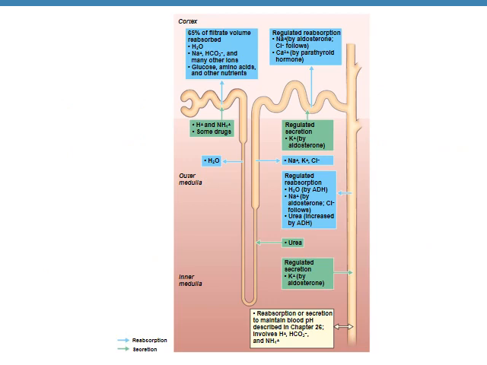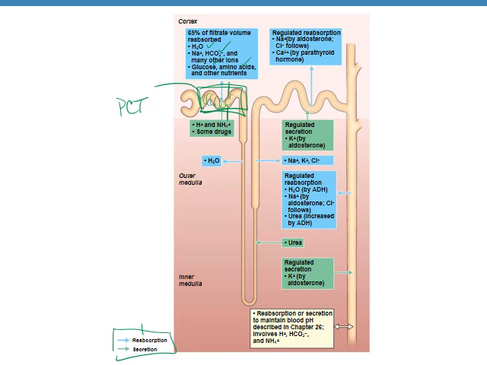This is a nice image because it shows you that both reabsorption and secretion are happening in the same section of tube. So this is the proximal convoluted tubule, and we have reabsorption of water, of ions, bicarbonate, sodium, amino acids, glucose, and other nutrients. We're reabsorbing these into the bloodstream.